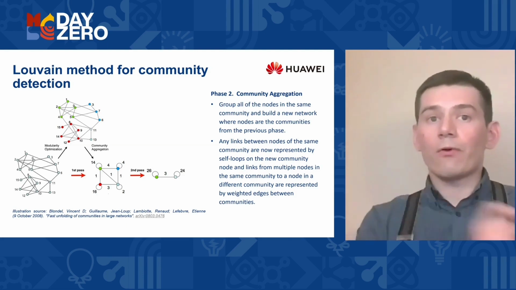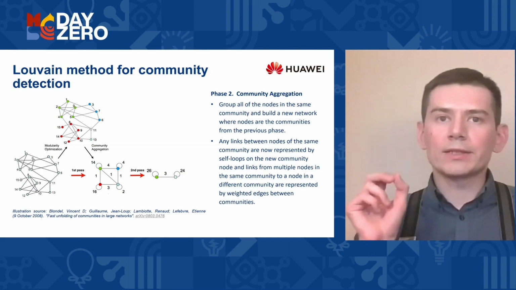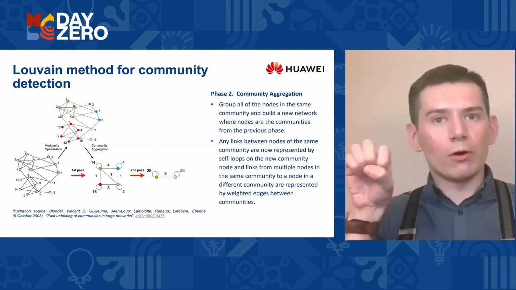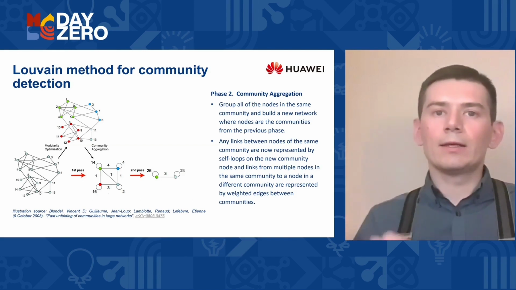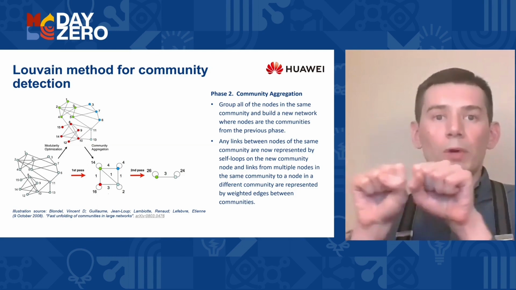If you recall the formula about modularity, you remember that it has two parts. One part focuses on the number of edges internally inside the community, and another part focuses on the number of edges between communities.